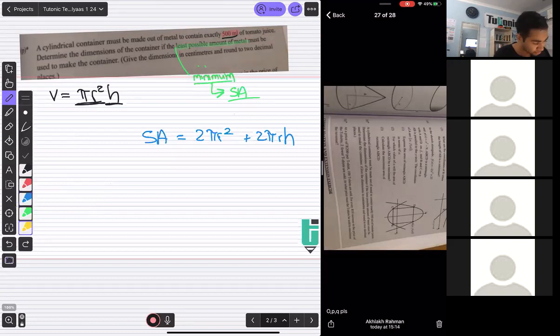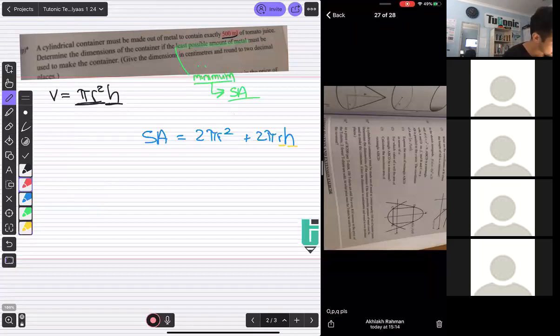R and h. I'm assuming you make h the subject in the volume. Yes. Why do you make it the subject? So that you just have one variable in your surface area calculation, which is r. And what is the volume? It's 500. It's given. Do you guys see why they told you the volume is 500?